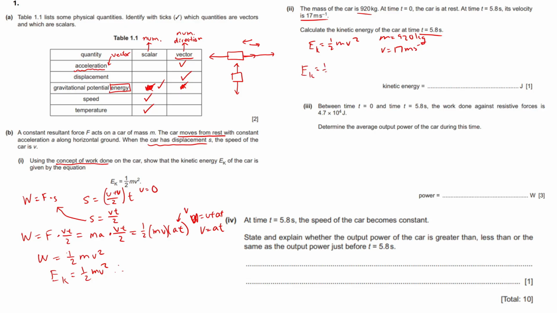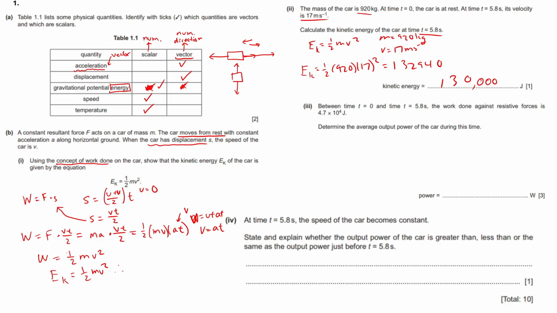And thus E_k is going to be equal to, substituting the values in and putting it in your calculator, you should get around 132,940. And then we have to round it to 2 significant figures. So then we get 130,000 joules, I should say.